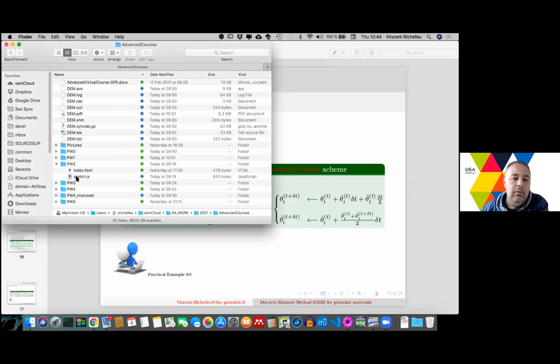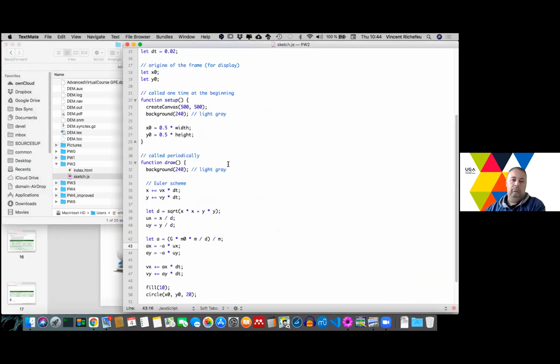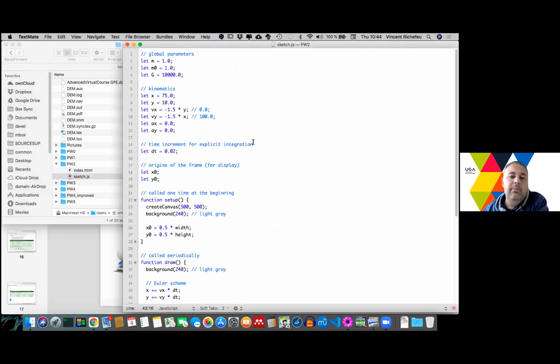So now we try to see something which is similar, but we will change the force law. Instead of having a spring, we will consider a kind of gravitational attraction between the sun, which is fixed, and planets.